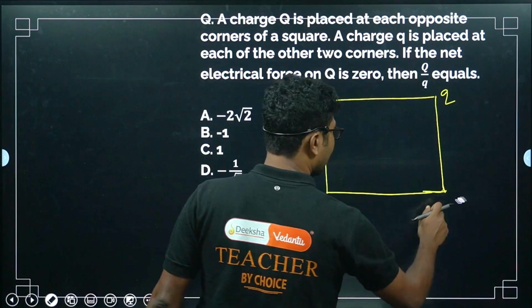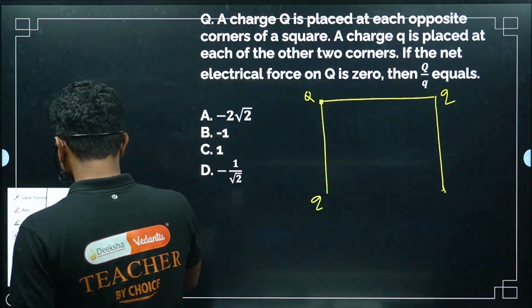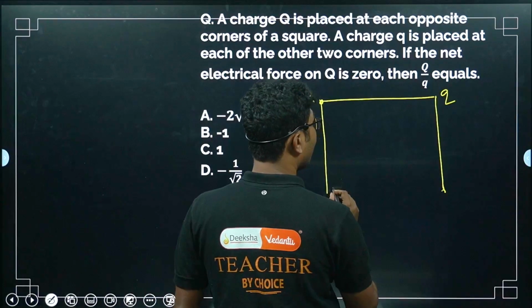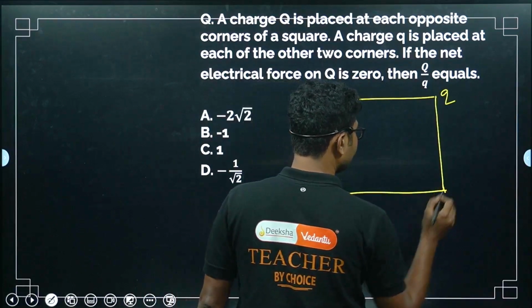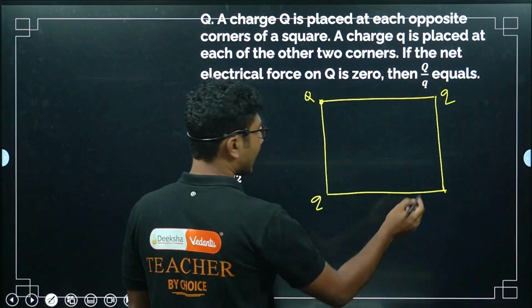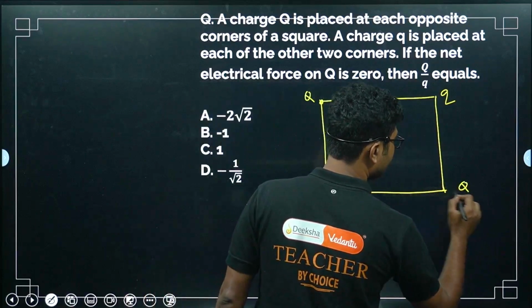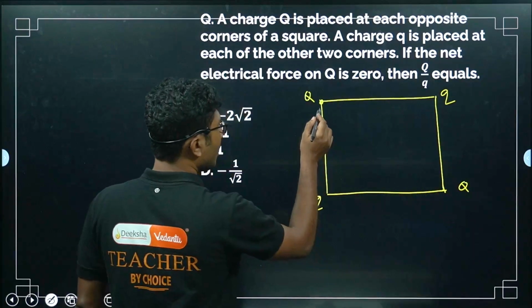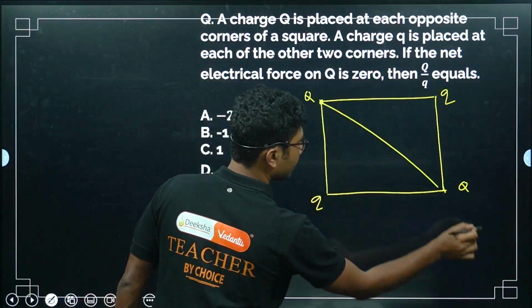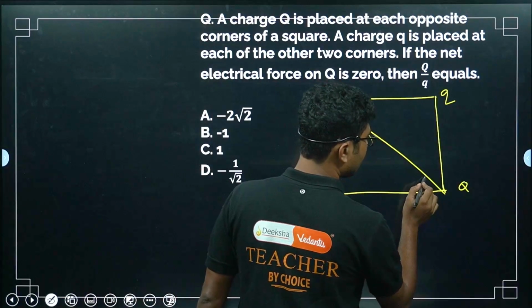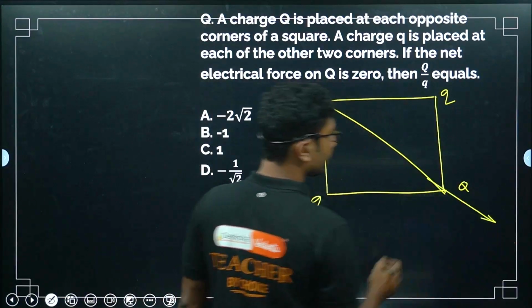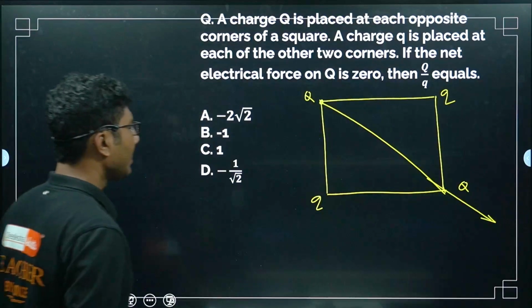Now what they have asked you to find is the ratio of capital Q by small q. Now what are the forces acting on this charge? Let me consider this charge. First of all, there is a repulsion force here. This charge is getting repelled in this direction, right? And what else?